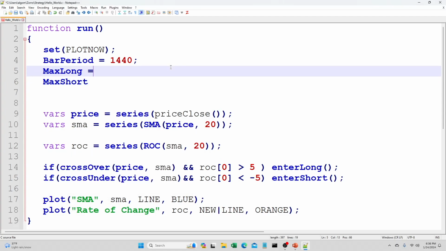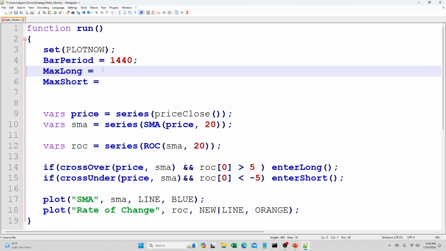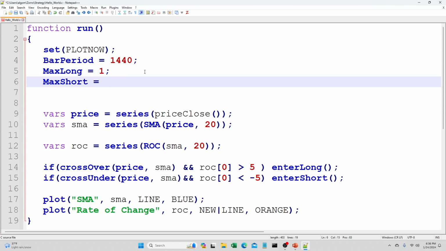Well, what do you think they do? Well, unsurprisingly, exactly what the name says. So the maximum number of long trades, okay? How many long trades do you want to have open at the same time? Let's say 1. Maximum short trades, let's say 1 again, right?